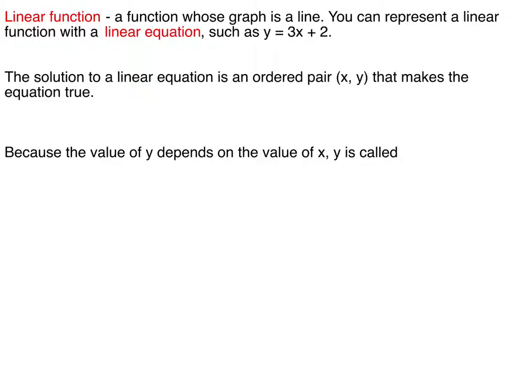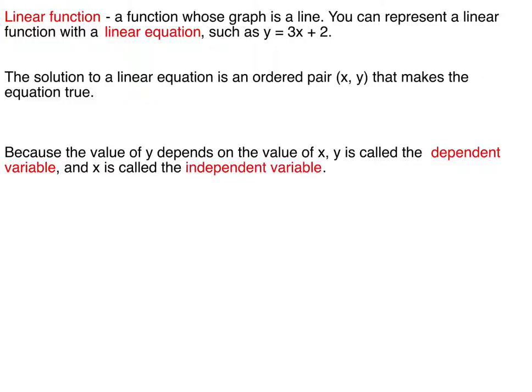Alright, and we also say that because the value of y, the output value, depends on the value of x, it depends on what you put in as to what you get out for y. Y is called the dependent variable because it depends on what you put in with x. X is called the independent variable because you can pick any x value you want and plug it in as your input.